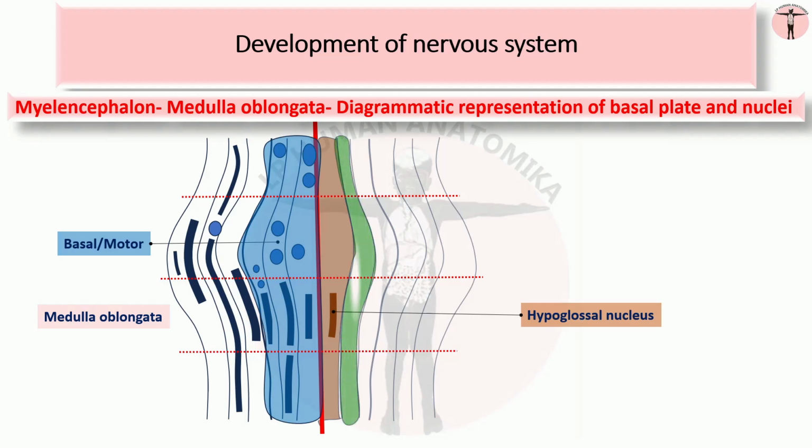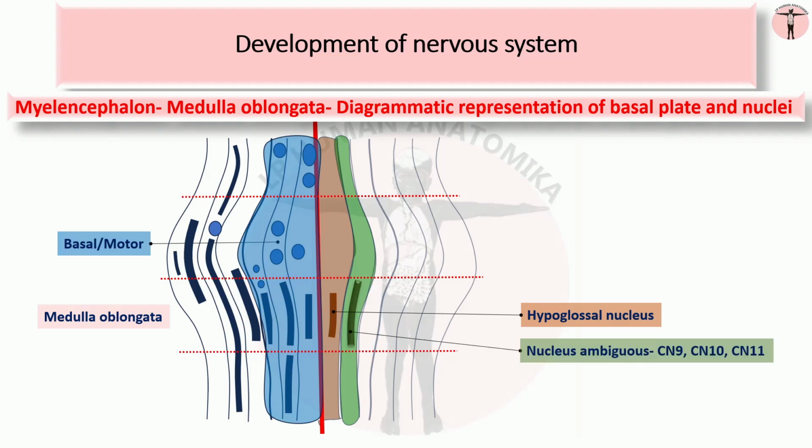Special visceral efferent column is represented by neurons of cranial nerve 9, that is the glossopharyngeal nerve, cranial nerve 10, that is the vagus nerve, and cranial nerve 11, that is the accessory part of the spinal accessory nerve, and is called the nucleus ambiguus.